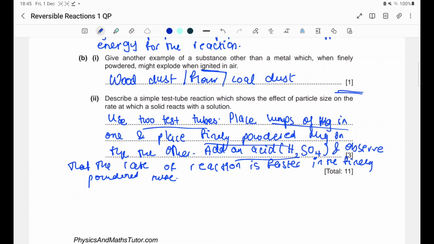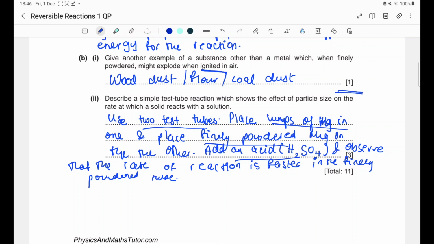If this was a 4 to 6 mark question, instead of simply ending it on observe that the rate of reaction is faster, you could say observe the rate of bubbles formed are faster in the finely powdered tube.